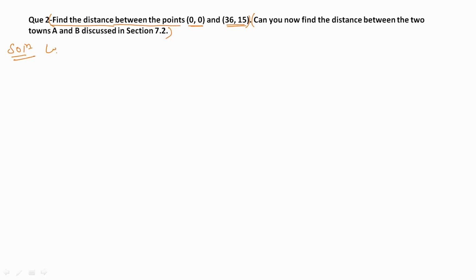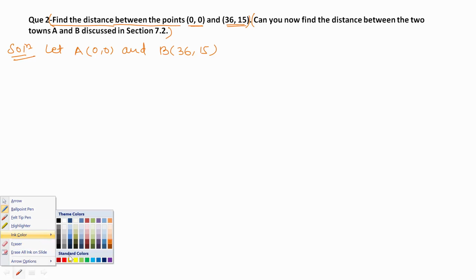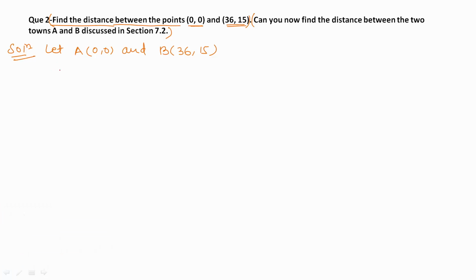Let A (0, 0) and B (36, 15) be two points, and we have to find the distance between A and B. So the distance AB is equal to under root (x1 - x2) whole square plus (y1 - y2) whole square.